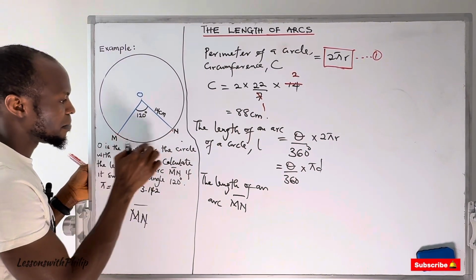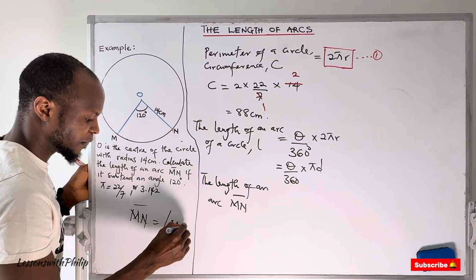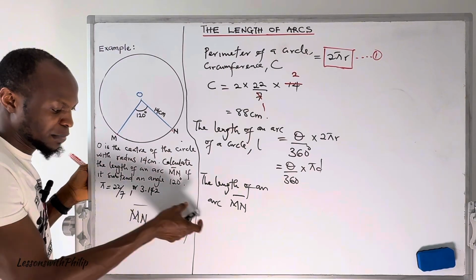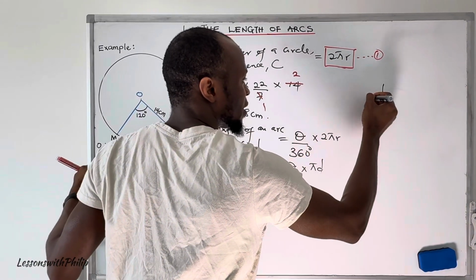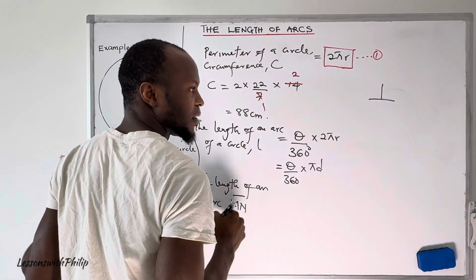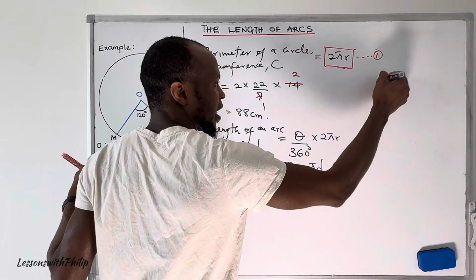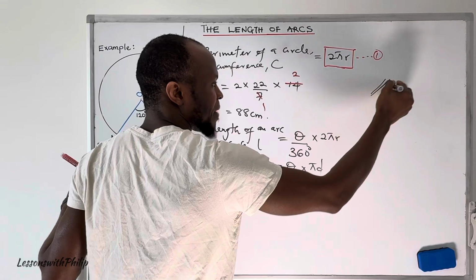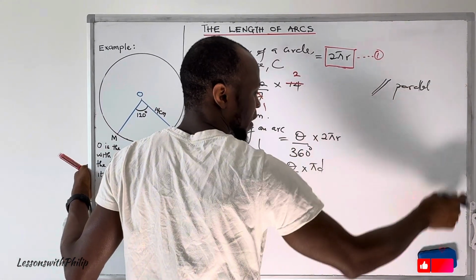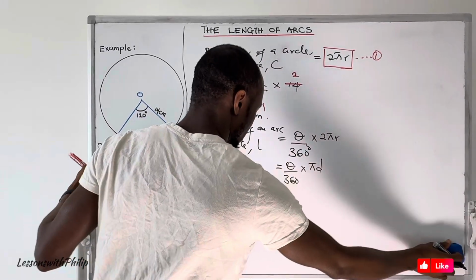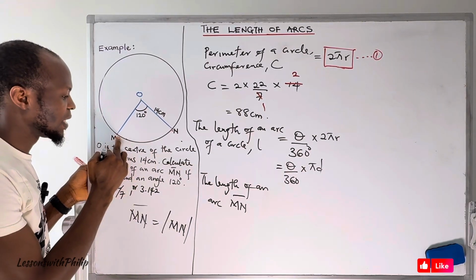It can also be written in this format, with the letters in between 2 lines. Take note. If you see this in mathematics, it is known as perpendicular. If I put 2 lines together like this, this is parallel. It's known as parallel.